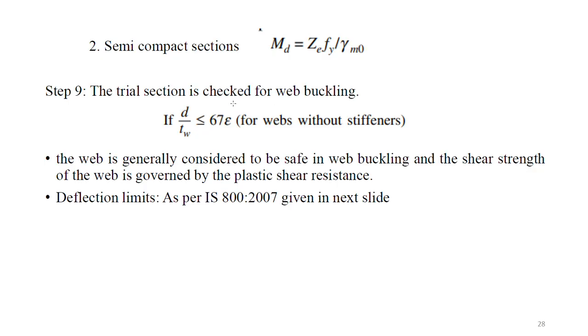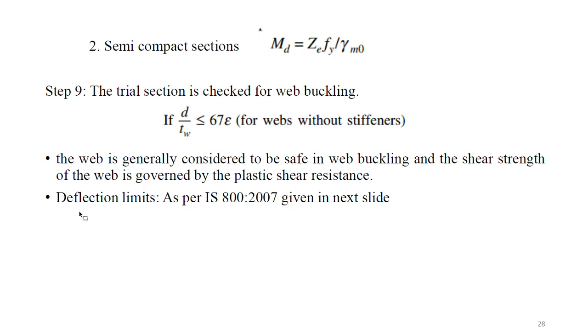Why do we check this? The trial section is checked for web buckling. The section will be safe in web buckling if it is within the range of 67 epsilon. The web is generally considered safe in web buckling, and the shear strength of the web is governed by the plastic shear resistance.